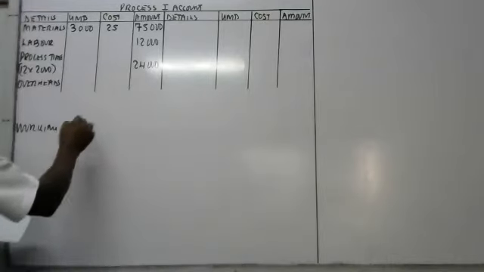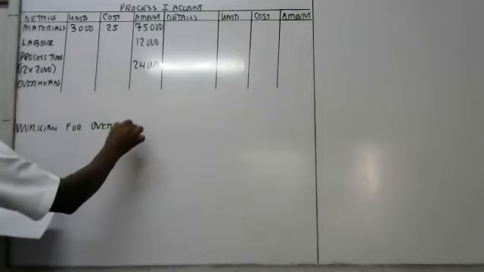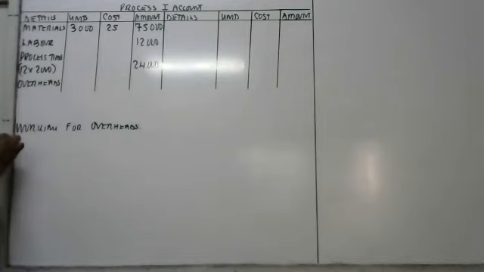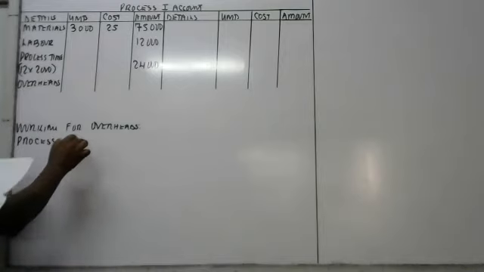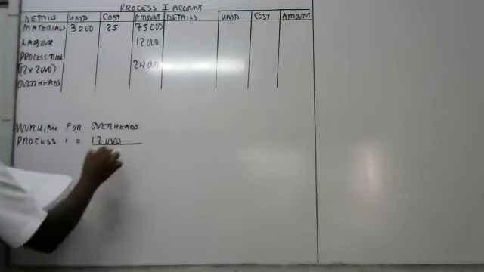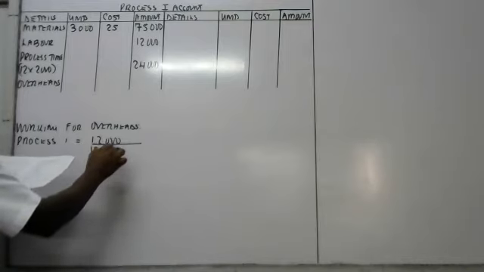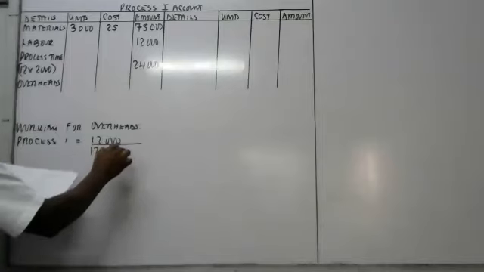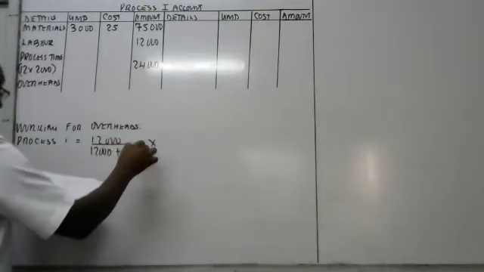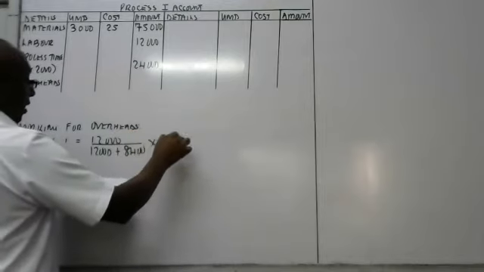Okay, working for overheads. Process 1 will be 12,000. You divide by 12,000 plus 8,400 times 35,700.